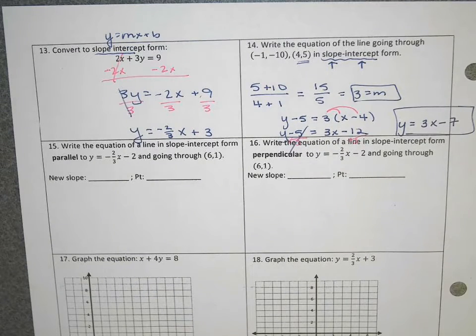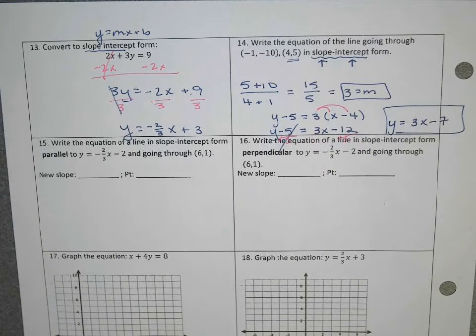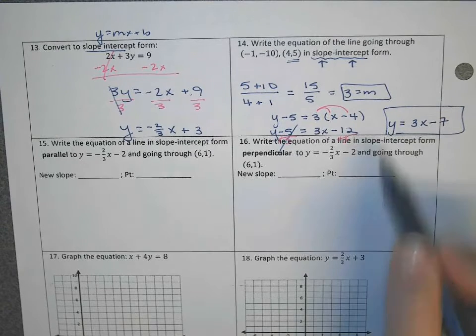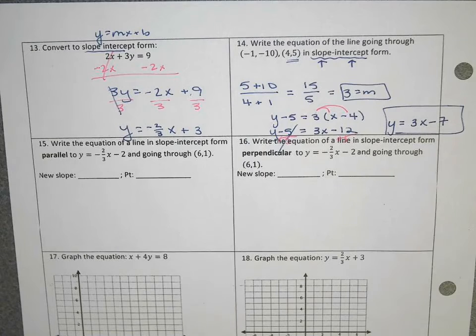And my answer's done. I wrote it in slope-intercept form. I just had to write it in point slope form and take a couple steps to get there. A lot of people just automatically said, well, I don't know my y-intercept, but it's okay, I'll just put 5 or -10 there because that's a y. It's not just any y, it has to be your y-intercept. So you have to write it in point slope form and then convert it.